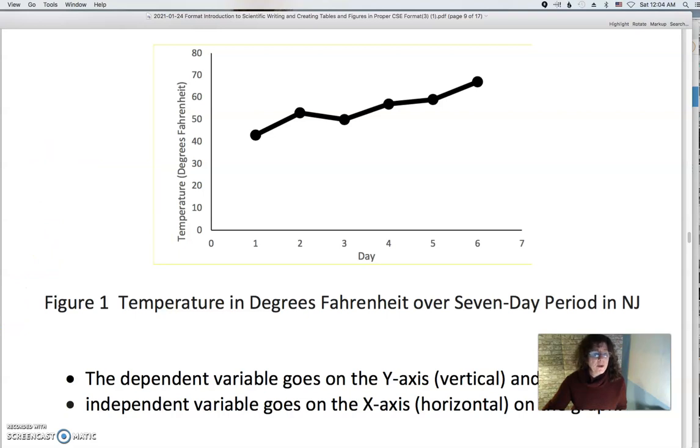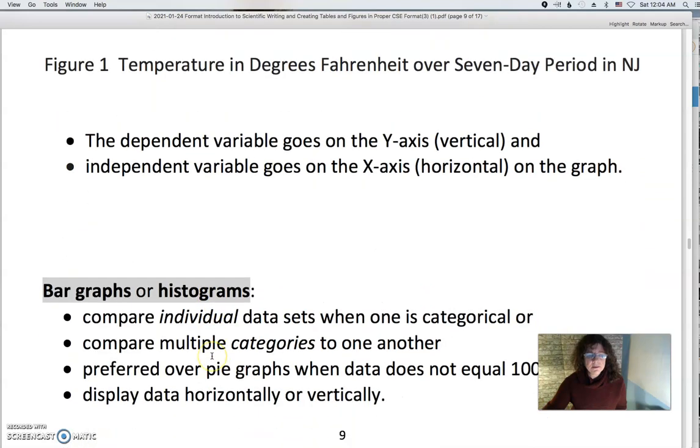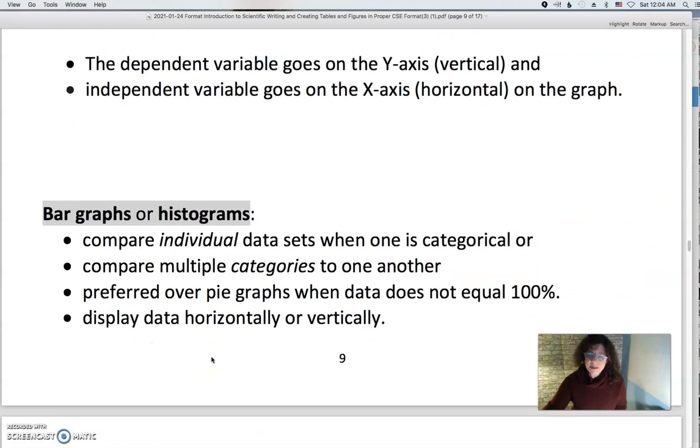And when we go to, we're going to be going to bar graphs and histograms next. Now remember, bar graphs and histograms are great for categorical data or when we're comparing categories to each other. They are really preferred in biology because not all your data will equal 100%.